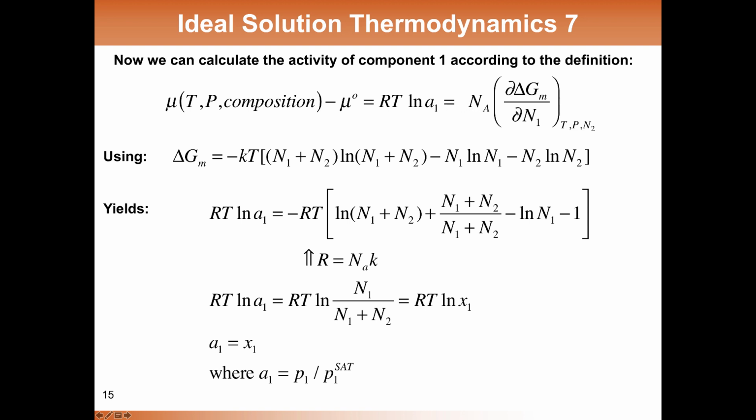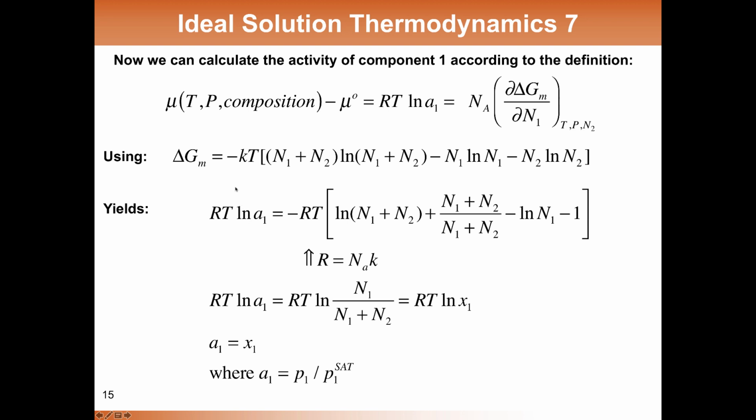And what's on the right-hand side here is an exact thermodynamic identity that relates the chemical potential, or effectively the activity, to changes in the Gibbs free energy upon mixing, with changing the number of molecules of type 1, constant temperature, pressure, and holding the number of molecules of type 2 constant. And so we have the expression for the delta G of mixing shown here. We can put that into this derivative, and you should verify that the result is shown here.